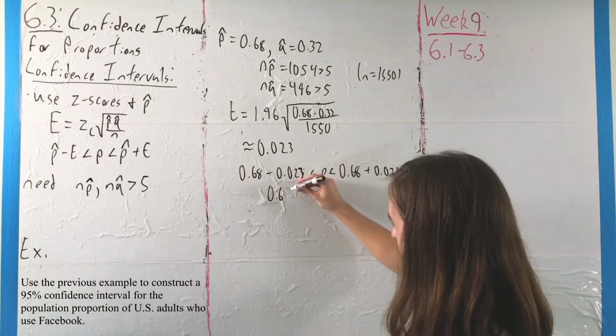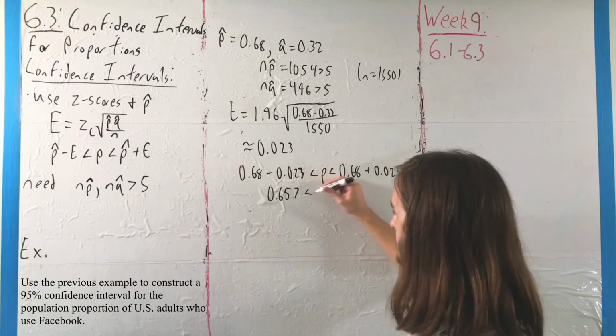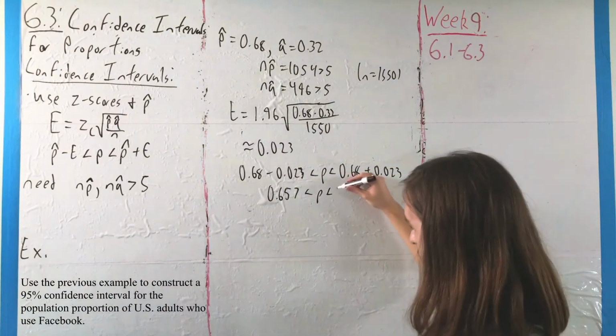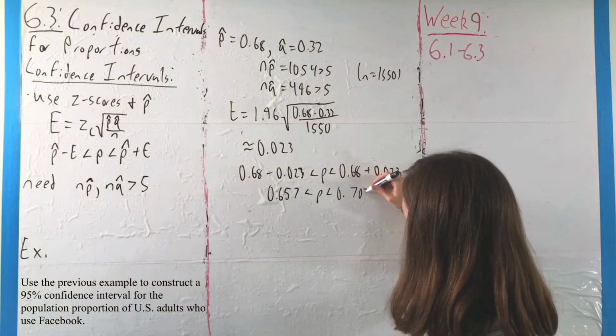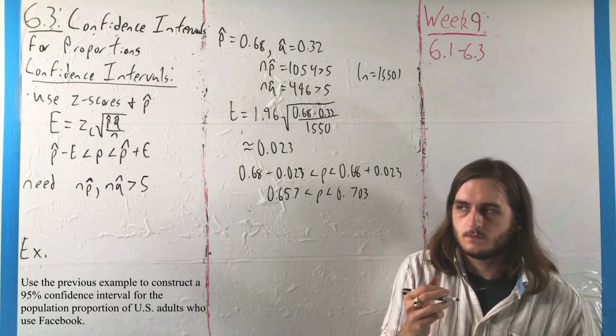I get 8s and 5s mixed up sometimes in my own typing, much less my own handwriting. But in here, we will go from 0.657 to 0.703.